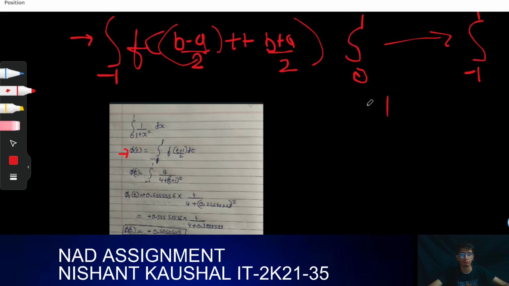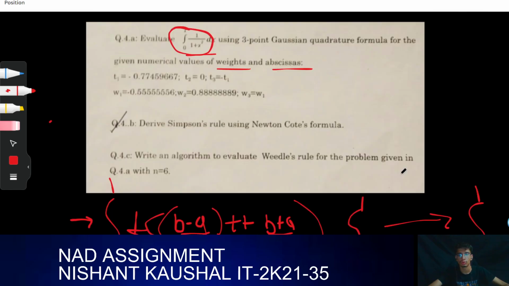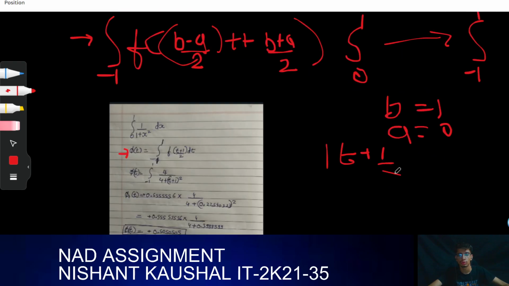Here b equals 1 and a equals 0. So (b minus a) upon 2 is 1 upon 2, and it will be (t plus 1) by 2, right?